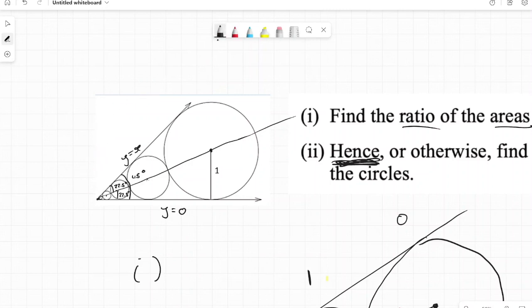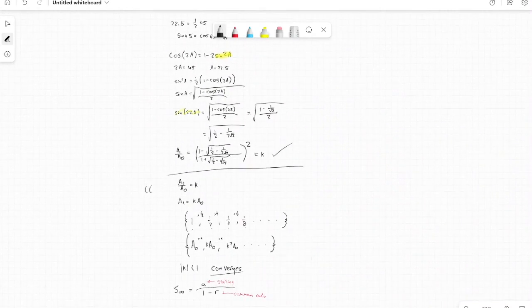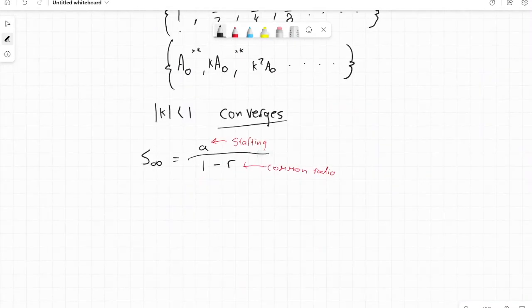So we've got to find the starting value, or the starting area, which is just going to be the area of this one. And it happens that they've given us the radius of that, which is pretty good. Now we can go back here. We can rewrite this in terms of things applicable to our problem. That's A0 over 1 minus A1 over A0.